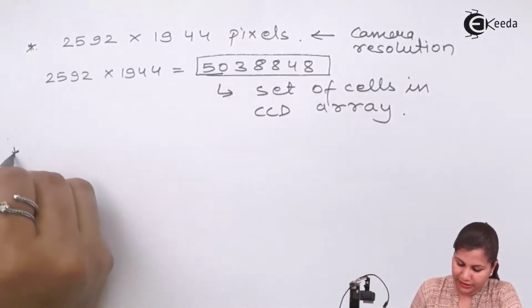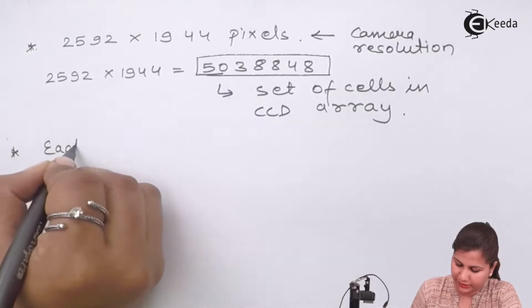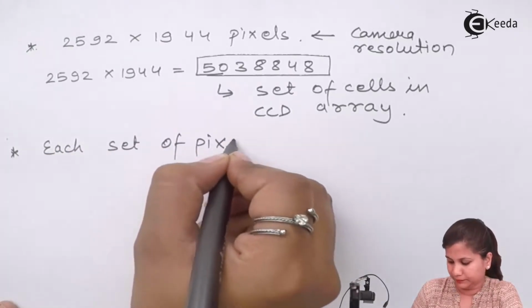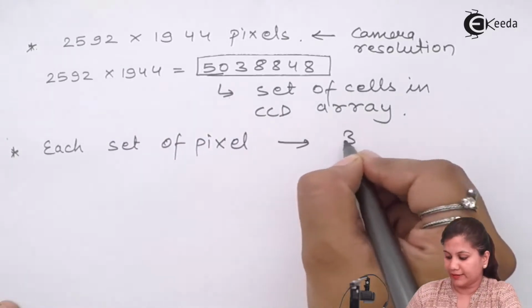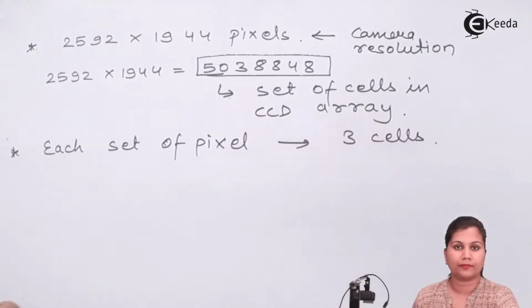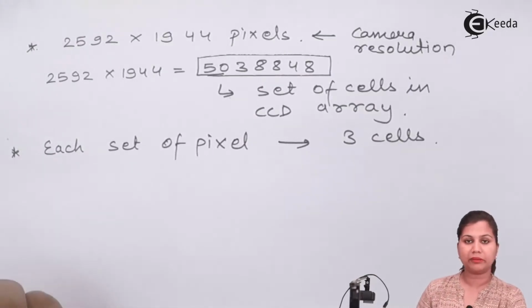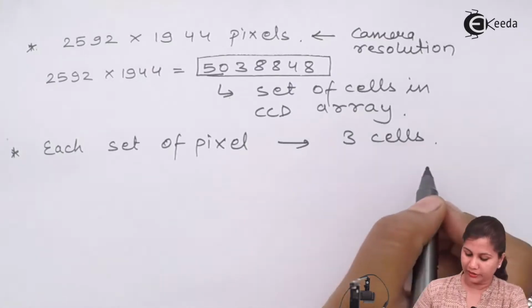Now each pixel has 3 cells. Whenever we say that it is one pixel, it means it consists of 3 cells.